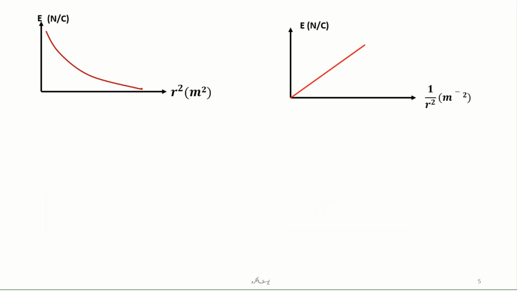This is the relationship between E and R. We can show it in two ways, proportional or inversely proportional. Here it is inversely proportional, and here proportional only. But you have to notice that here it is 1 upon R square, but here R square only.